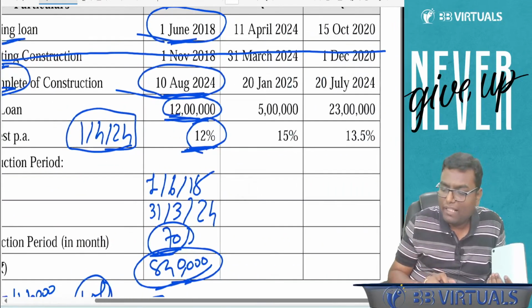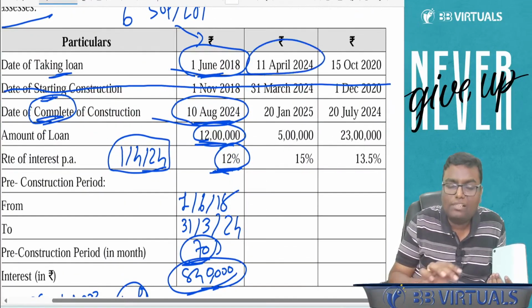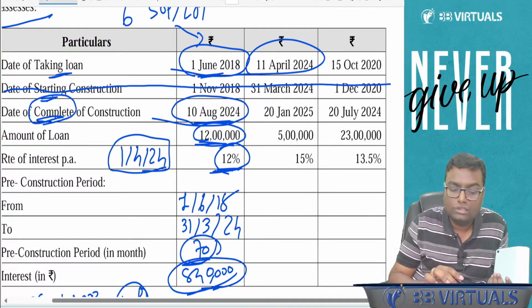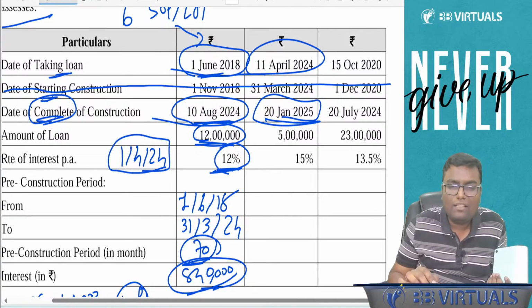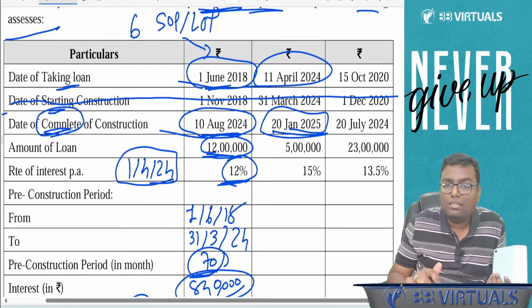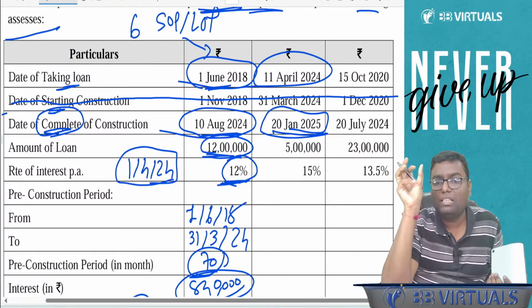Okay, solve this second one. I have taken a loan on 11th April 2024. Construction is completed on 20th January 2025. 5 lakh rupees loan, 15% rate of interest. Tell me, what will be the total pre-construction period? You just need to tell me now the pre-construction period in months.